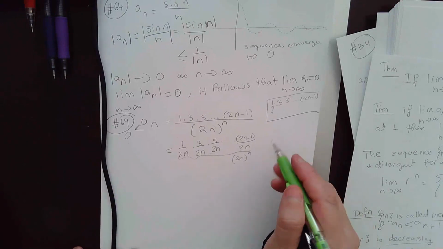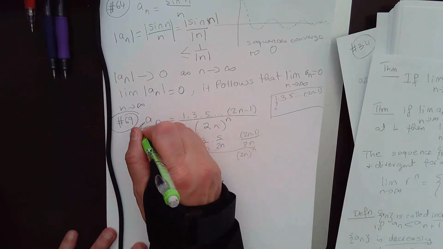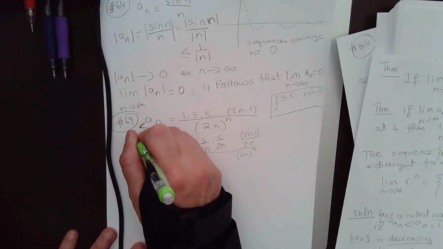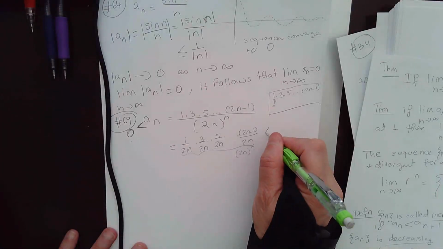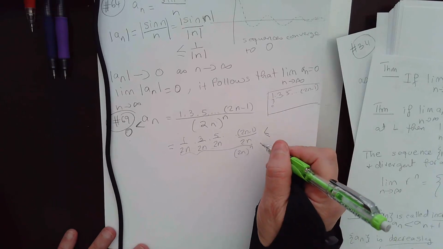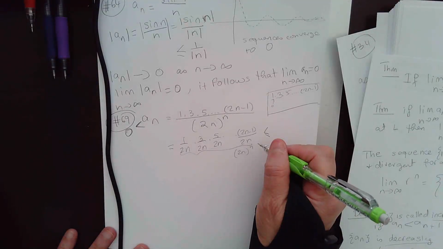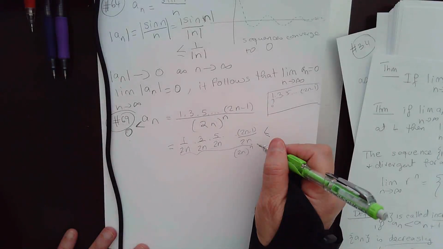And what do you have? We want to squeeze it. Remember, 0 is definitely less than this, which is less than or equal to what? Well, you want this to be possibly 1 over 2n, right?